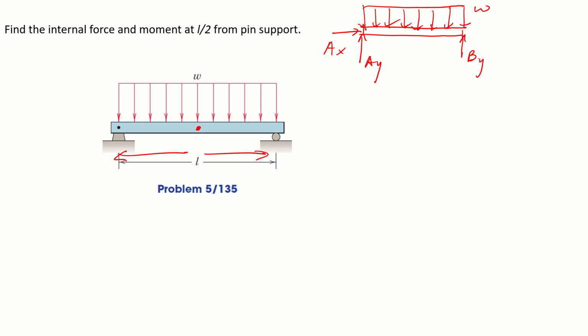Now let's review again what we learned last week. If we have this kind of distributed load, we have to find the centroid in order to get the external reaction force. Because W is constant, the centroid will be exactly in the middle.